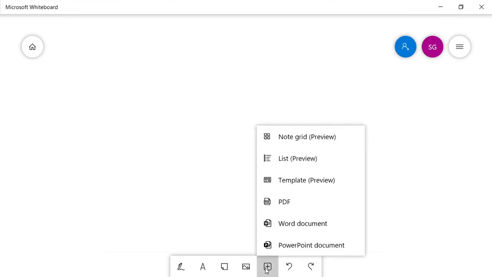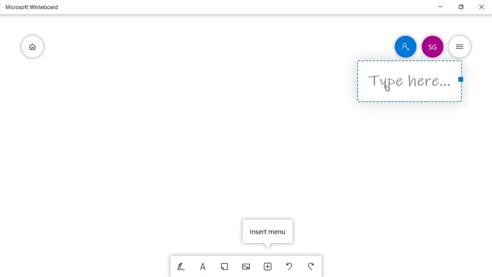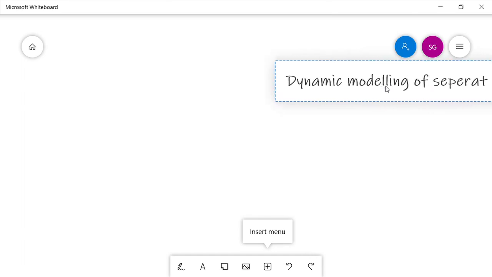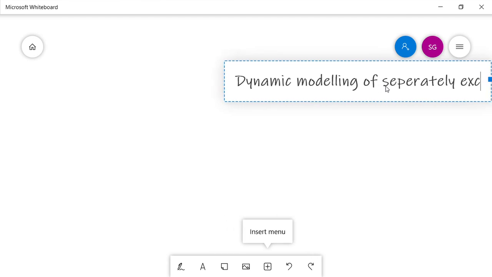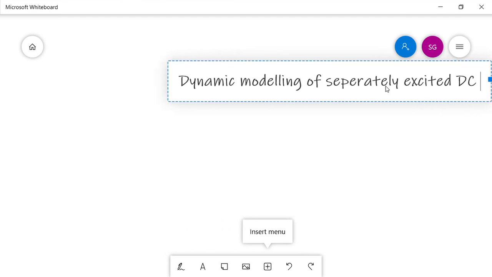So, this is dynamic modeling of separately excited DC motor.